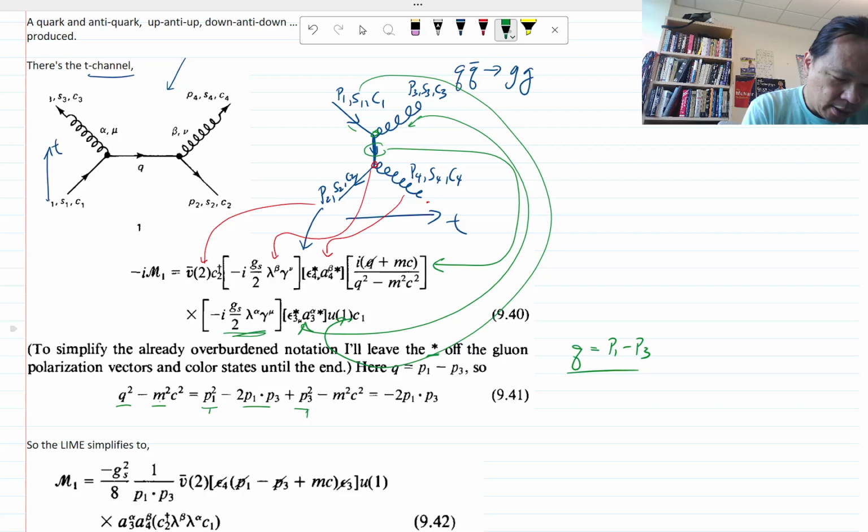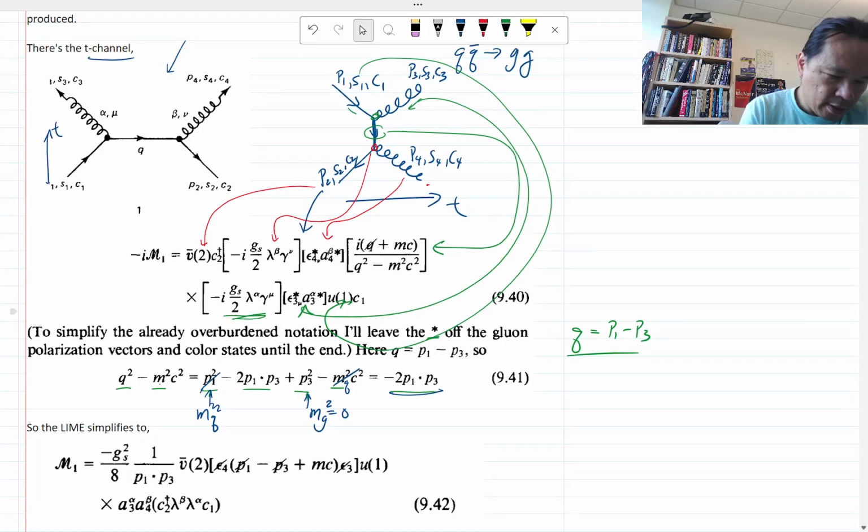And then if you subtract this to the mass square, what you'll get is that you're just going to get the minus P1 dot P3 because over here, right? P3, right, is a gluon. So this is actually massless. For gluon, m goes to 0. Right, this is mass of the quark, which is whatever that is, and this is actually the mass of the quark. You subtract these two, right? Then you get 0, and then you just end up with that.